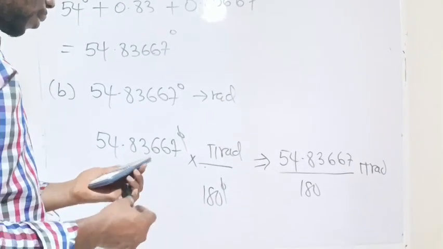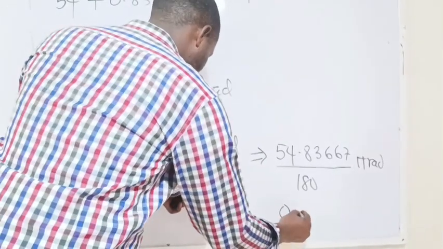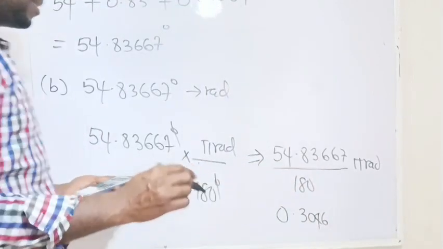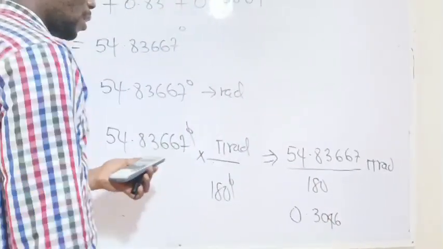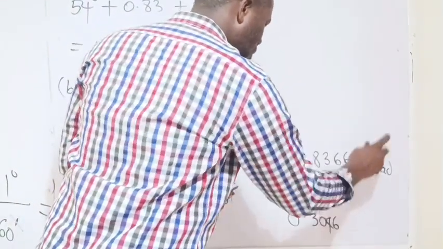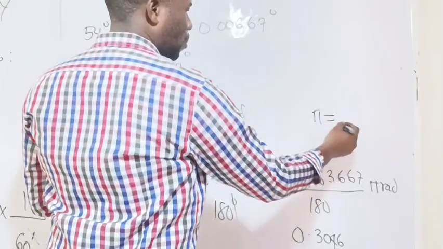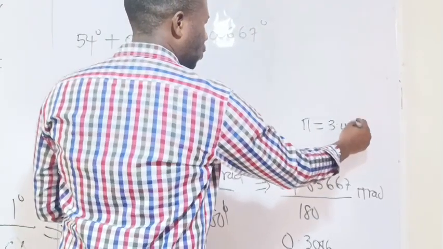So this comes out to be 0.3046. Let me leave this to 4 decimal places. Then I have the pi. You can just say pi is a magic number, 3.142.